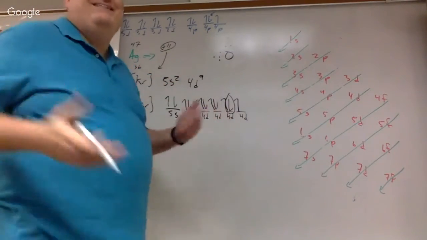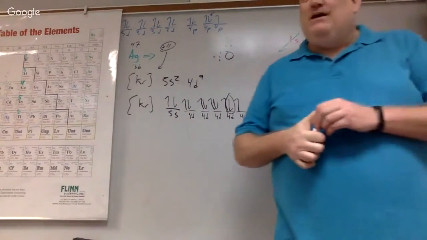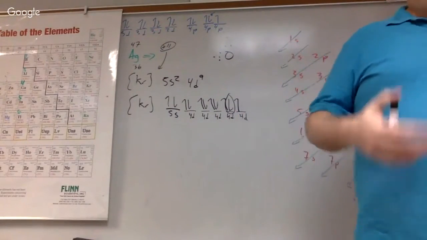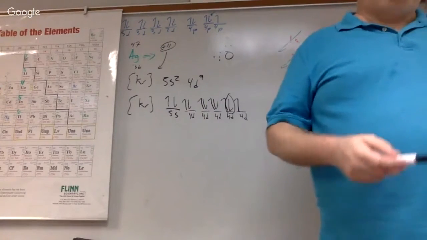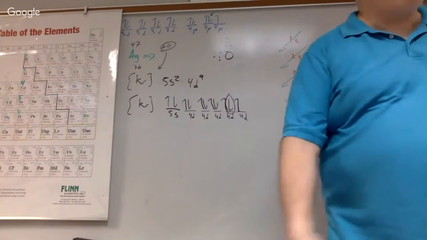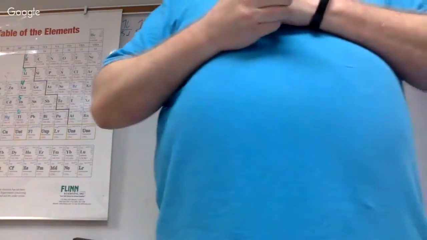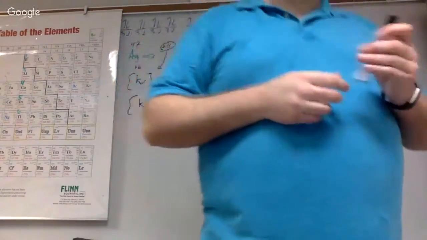You just can't do that. And I'm saying this, and you're thinking, okay, that's silly, no one's going to do that. Every year I have a student on the test who says, I put them all here. And I'm like, why? Why would you do that? 2 maximum on a side, pretend you have a square on the outside. That's electron dot notation. You're going to notice the homework asks you for that.